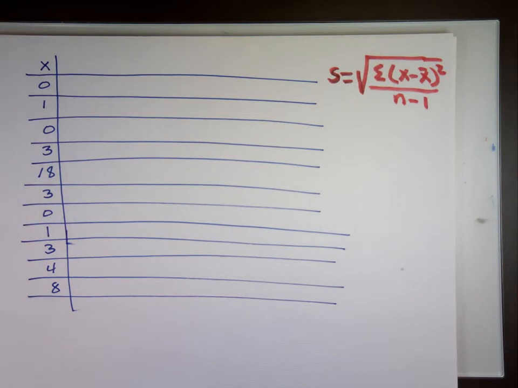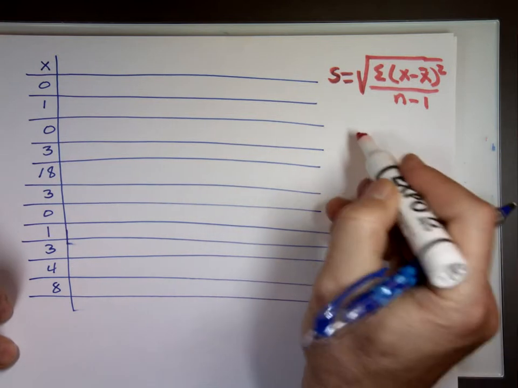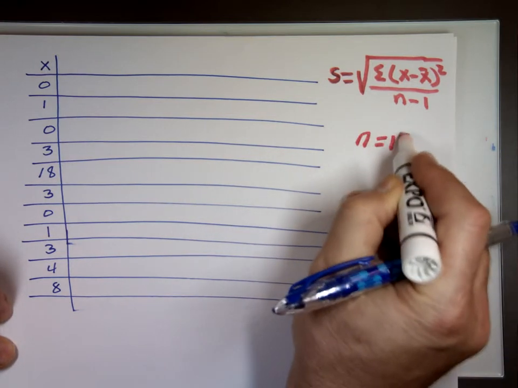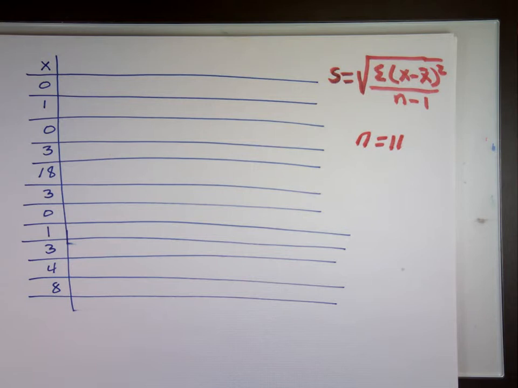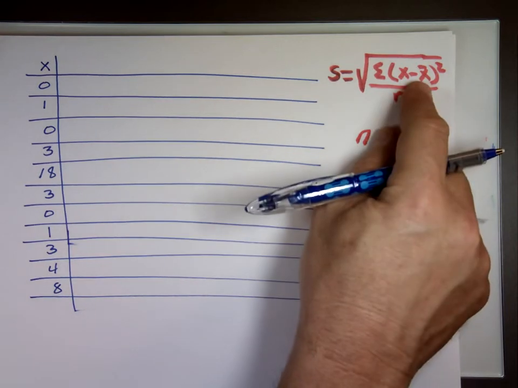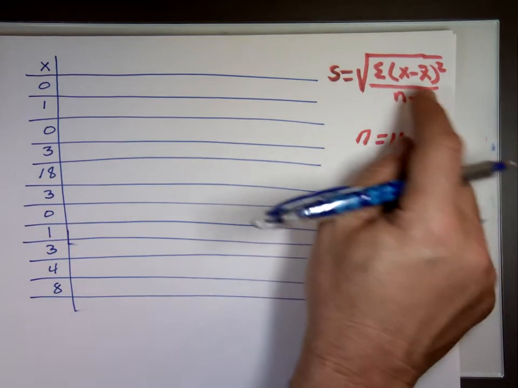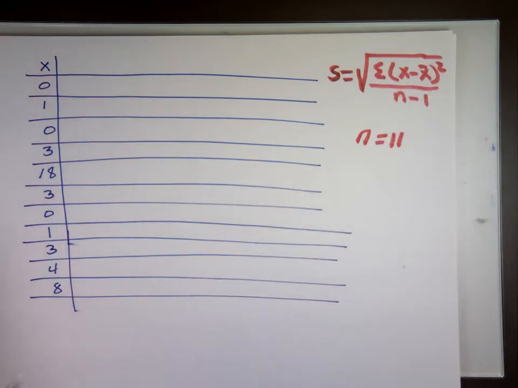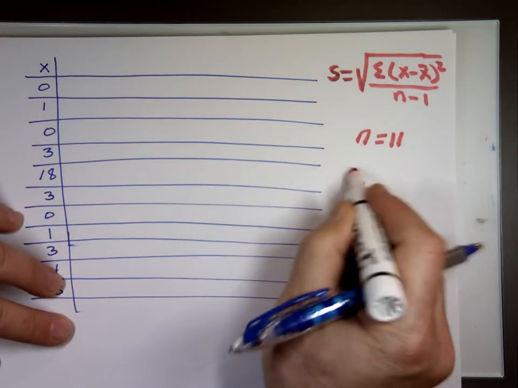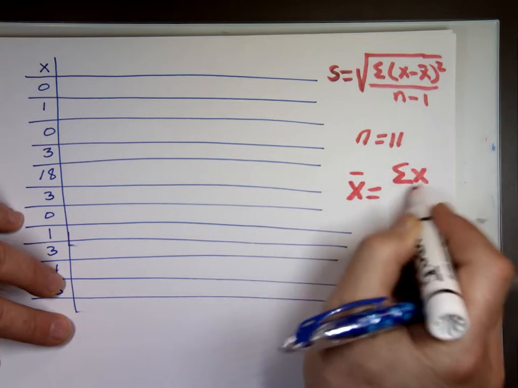The first thing I need to do is count how many values we have. What is n here? 1, 2, 3, 4, 5, 6, 7, 8, 9, 10, 11. We got n equals 11. I need to find what the average is, x bar. Well, how do you find the average? Good. From last class, the average x bar is the sum of all the x values divided by n.